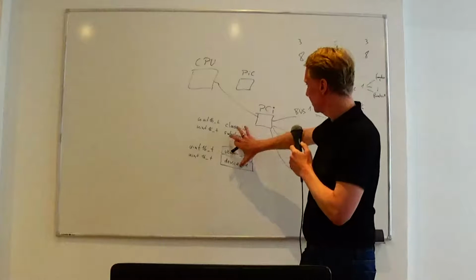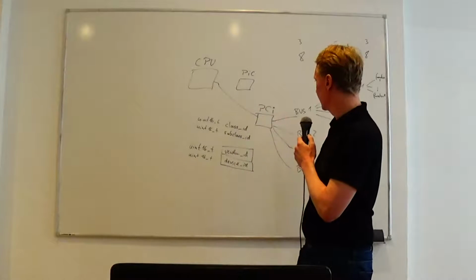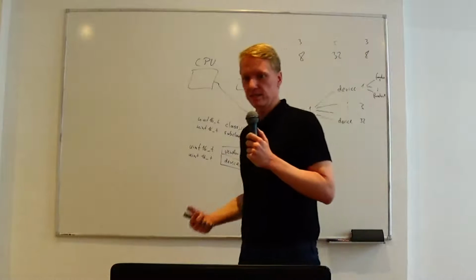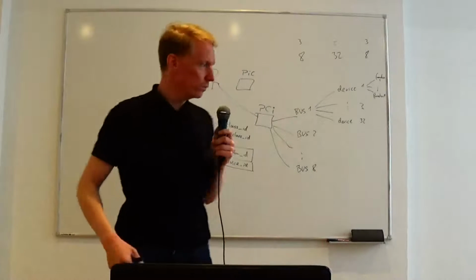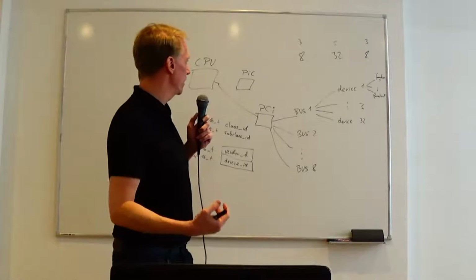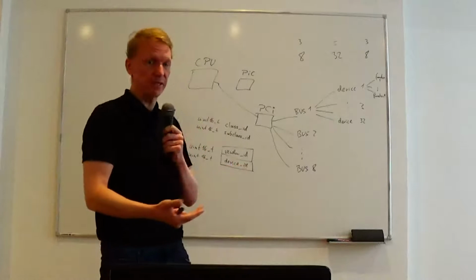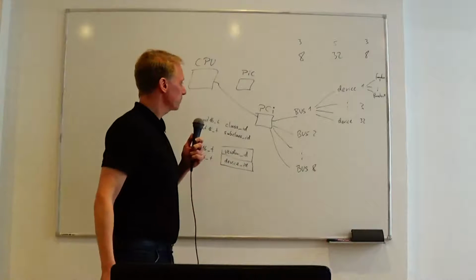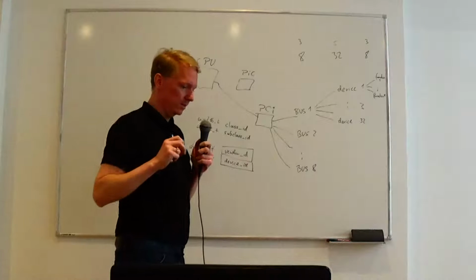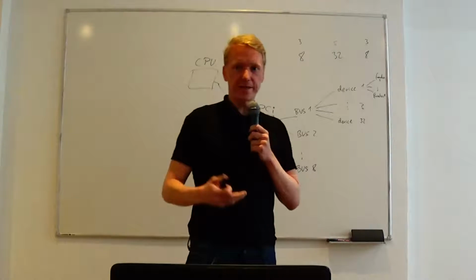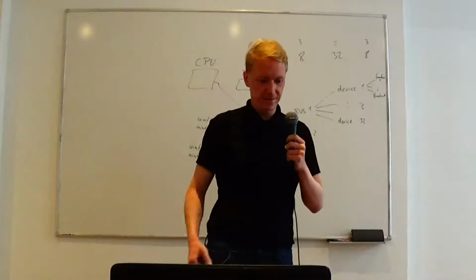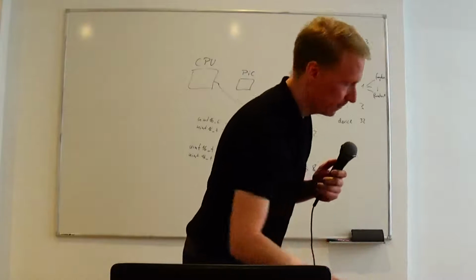Okay, so these are information that we will get from the PCI, and then based on that we can load a driver and put it into our driver array, and then we can start drawing stuff. Okay, and that will be a big step, I think.